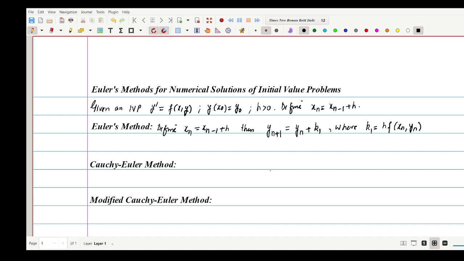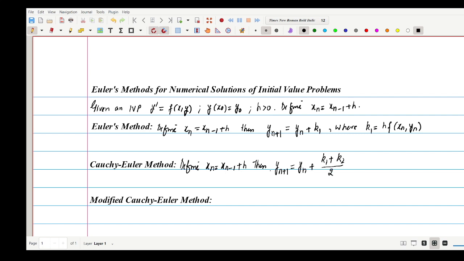where f(x, y) is the function given in our initial value problem. And second, we will come to the Cauchy-Euler method. Again, we have the same definition for xn, so we define xn = xn-1 + h. Then the nth approximation in the Cauchy-Euler method is given by yn+1 = yn + (k1 + k2)/2.